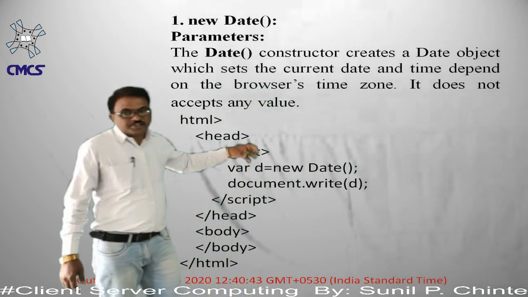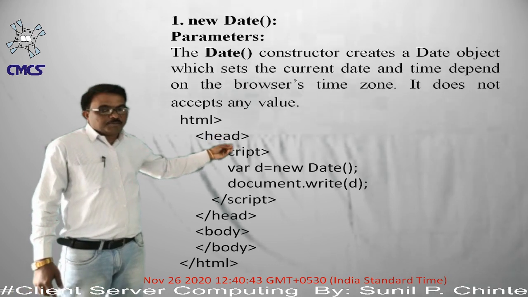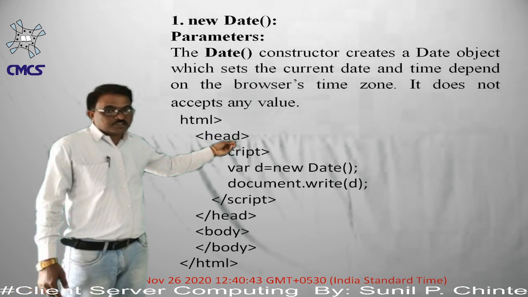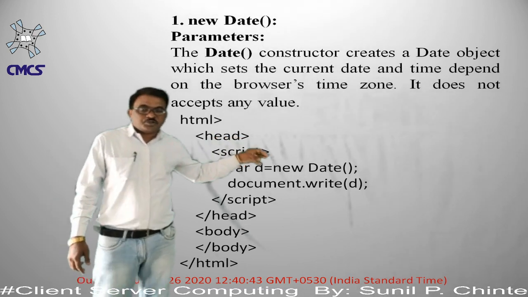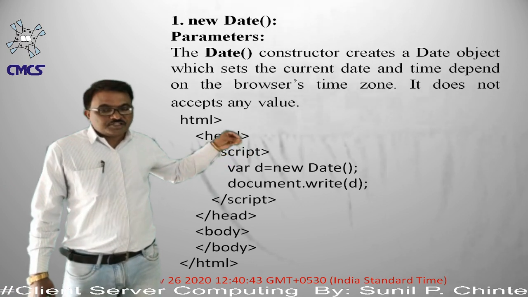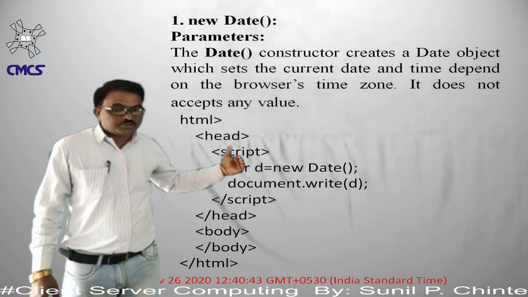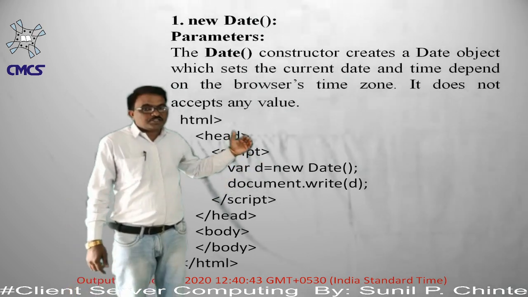We are creating the object of a date with the new operator and the constructor, but the constructor doesn't accept any parameters. So this object returns the current date and time, depending on the browser time zone.